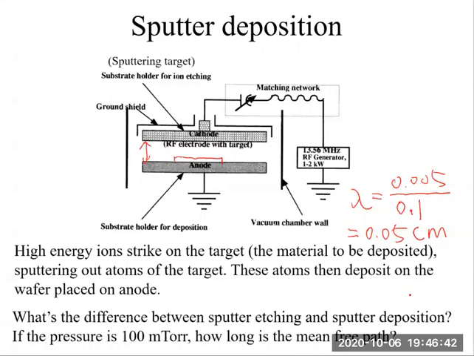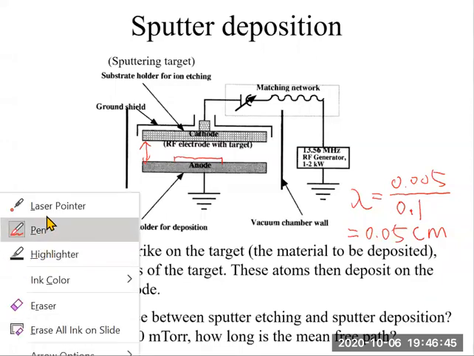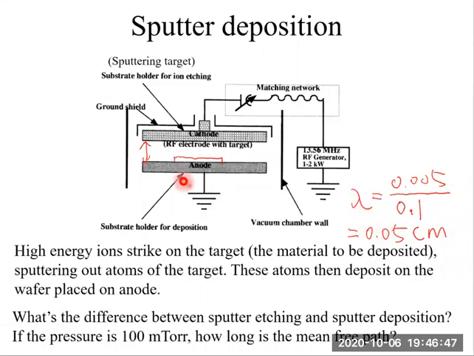Then what do we know based on this mean free path? This one is much shorter than this distance. What's the implication? We know that the atom leaving the target, leaving the cathode, will experience multiple collisions before arriving at the wafer placed on the anode.